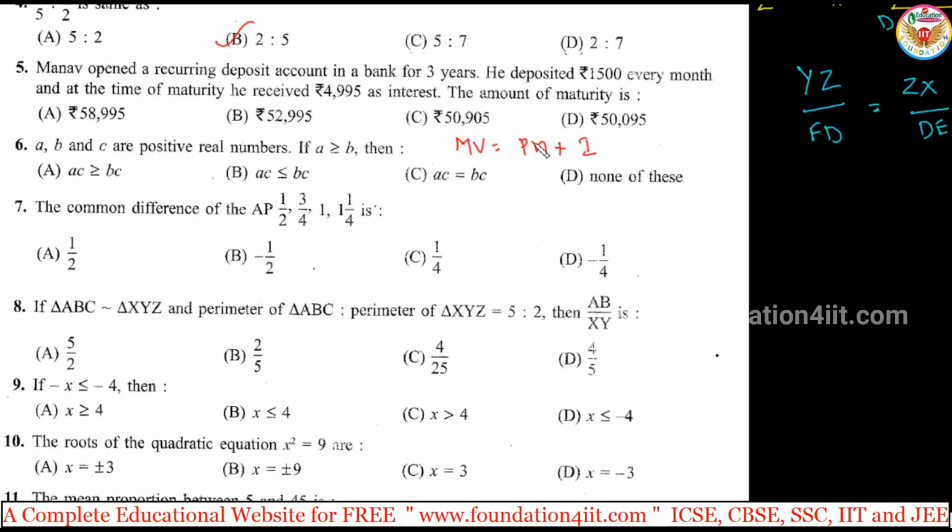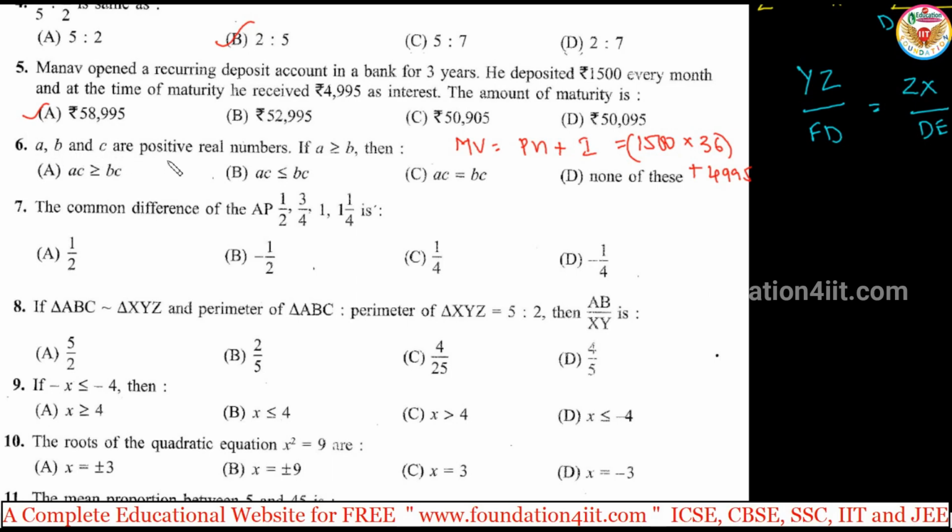P is the monthly deposit, N is the number of months. Monthly deposit is 1500 and the number of months is 3 years, so 3 years is 36 months. We should multiply both and add the interest, that is 4995. So by multiplication and addition we'll get 58,995. Do the calculation.